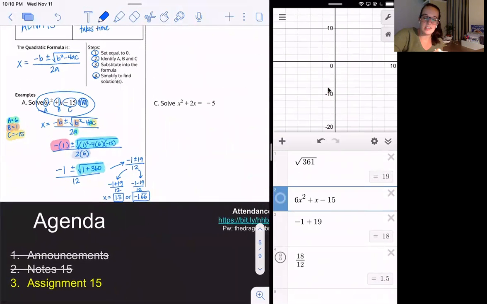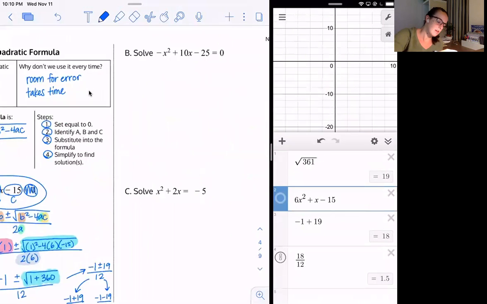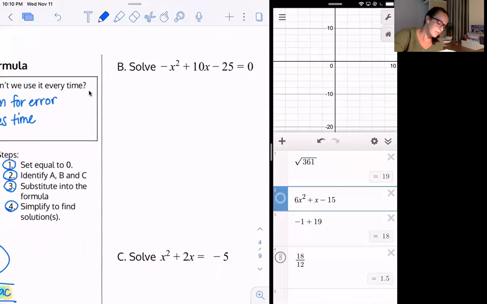So that, as you can see, is why I said that it takes some time. We definitely get faster as we practice, but there are some mistakes that can be made, so we're going to take our time. All right, so first step, set it equal to 0. It's equal to 0, which means that we are good.